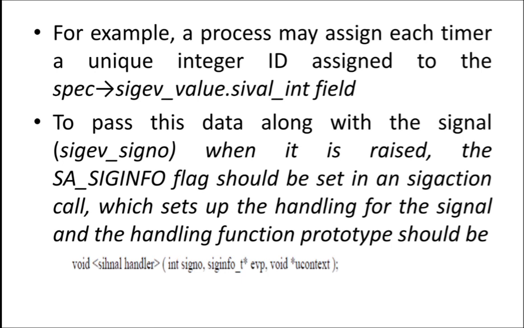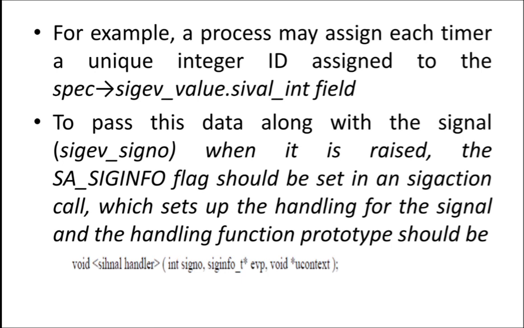If you want to send this particular unique integer ID with a signal, you can use a flag called the signal information flag. It contains that particular integer ID, and it is set in a sigaction call, because you know that for every signal an action should be taken.